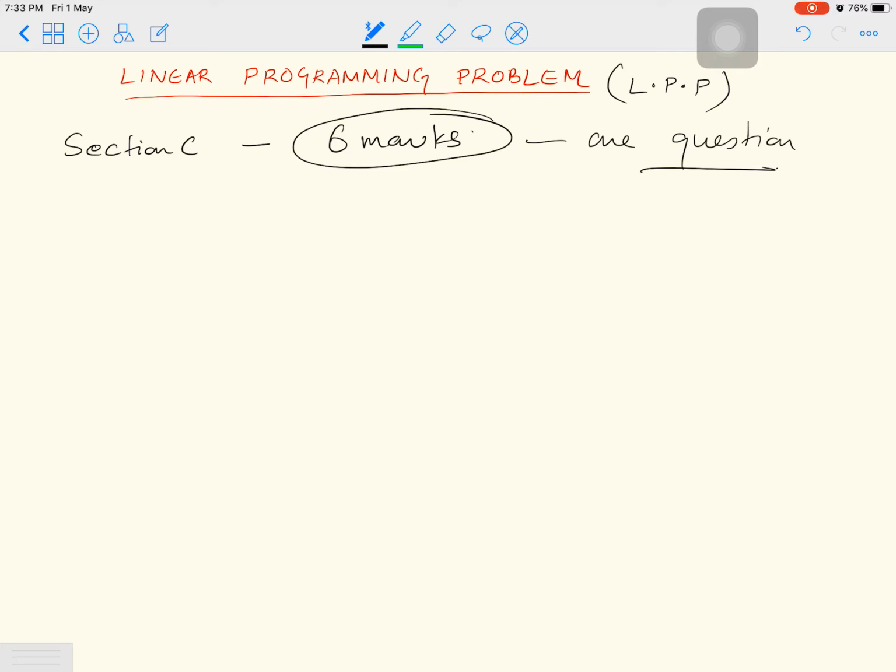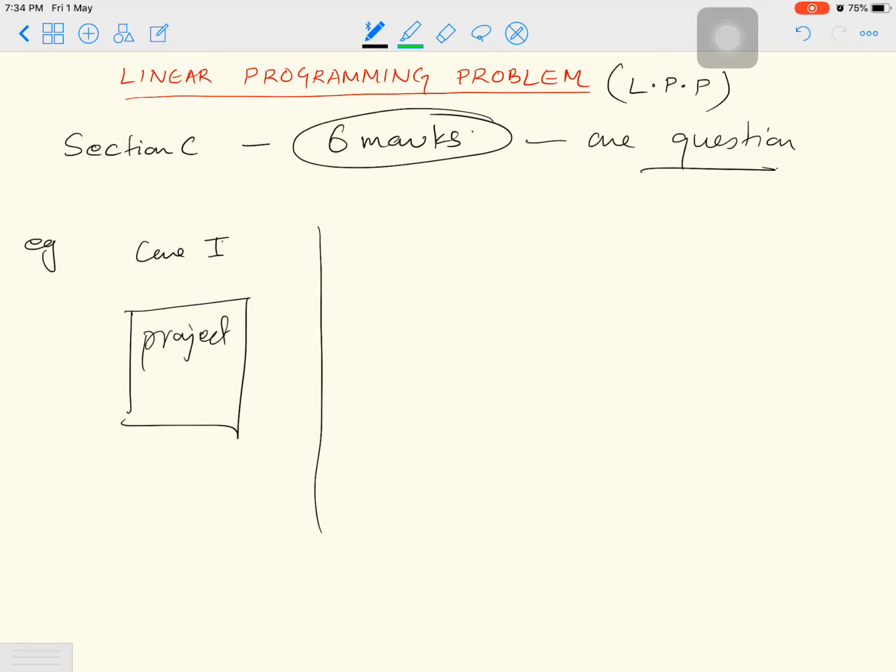What is a linear programming problem? To understand this, we need to understand certain target based situations. Often in life you come across target based situations. Example, case 1: you need to complete your mathematics project within 10 days.